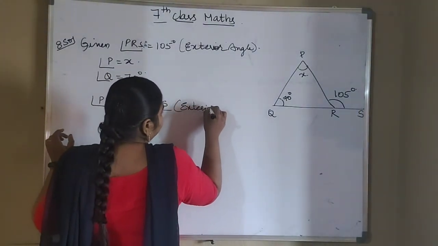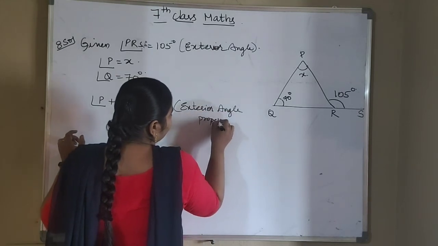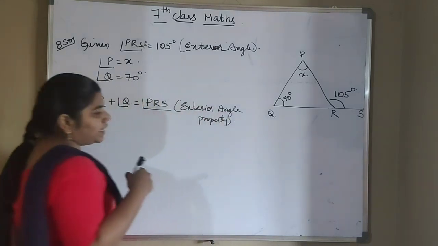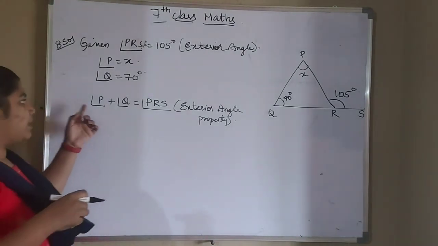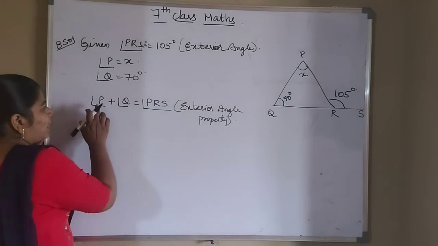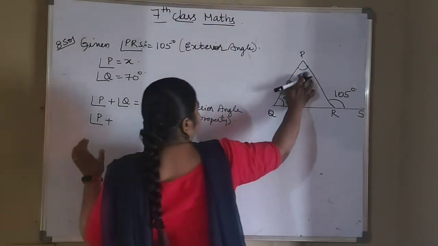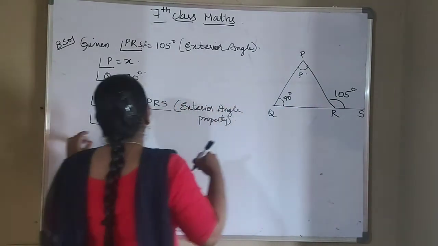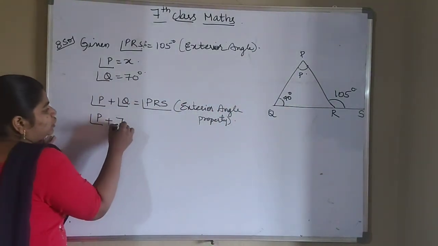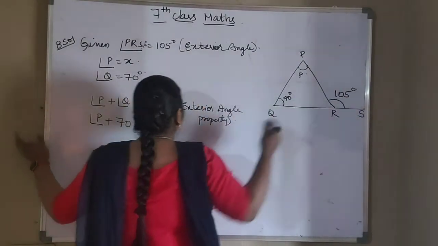Exterior angle property. So angle P plus angle Q is equal to angle PRS. Angle P we don't know, so I am writing it as it is, plus angle Q, how much? 70, is equal to angle PRS value, how much? 105.